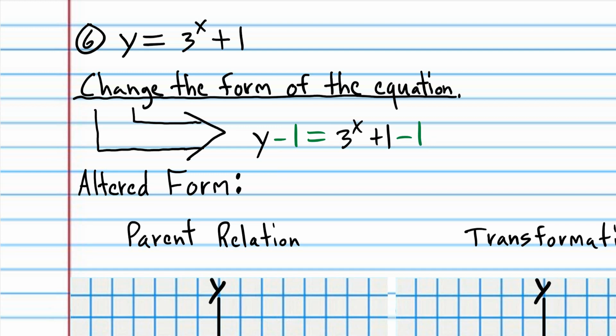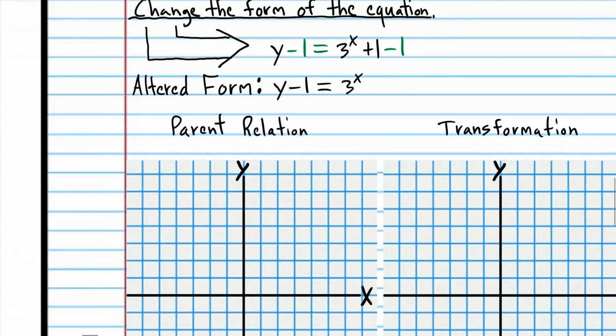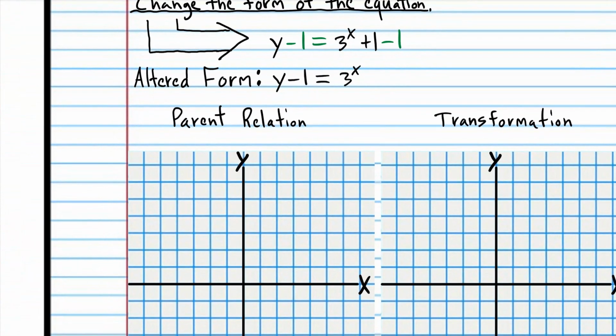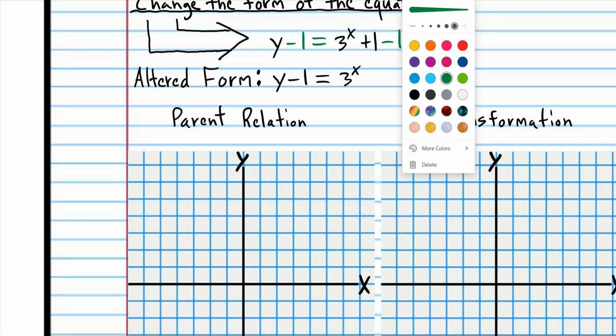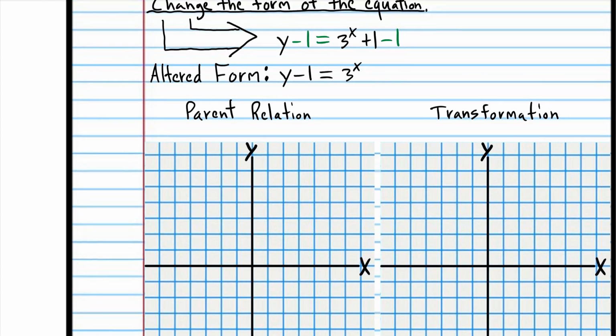And then we get y minus 1 is equal to 3 to the x. And now we can see how to graph this equation. Remember, an exponential relation has a horizontal asymptote on the x-axis.